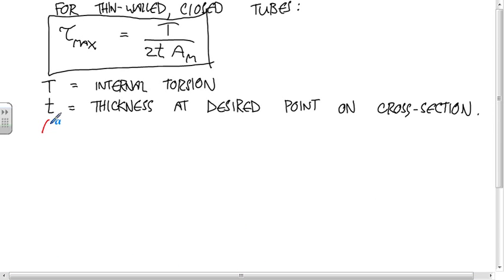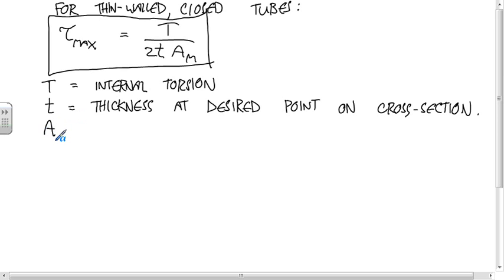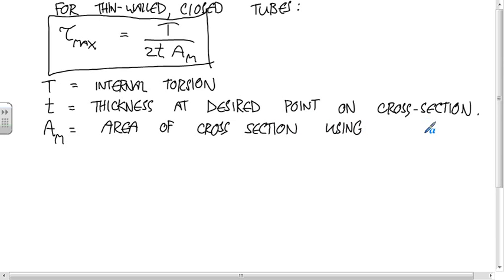And then A sub m is the area of the cross section using the median of the wall.